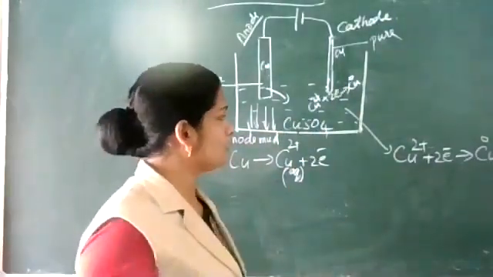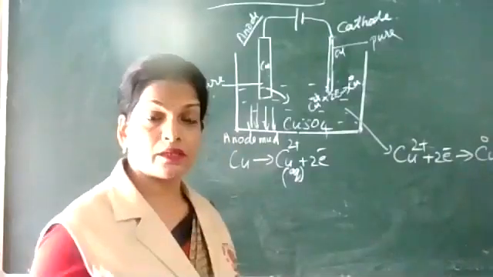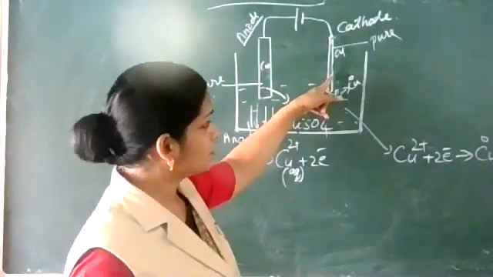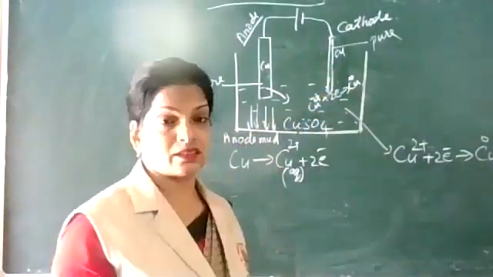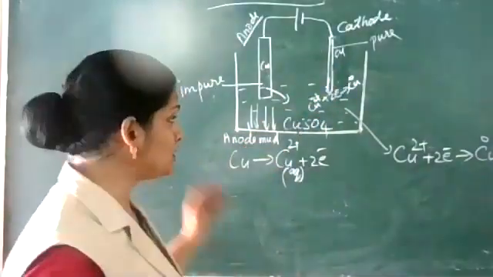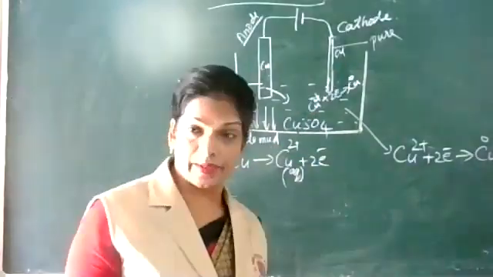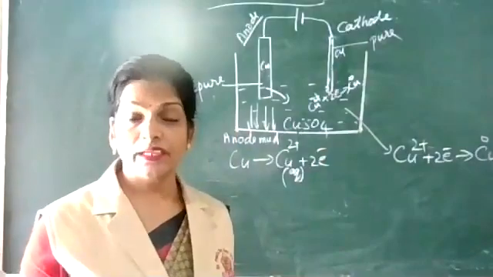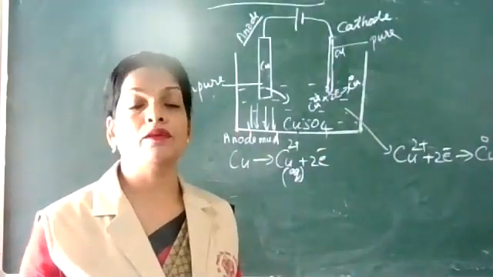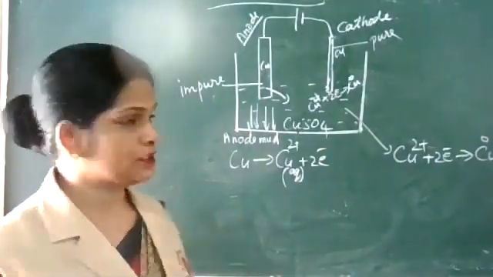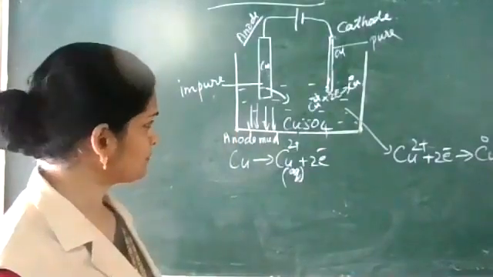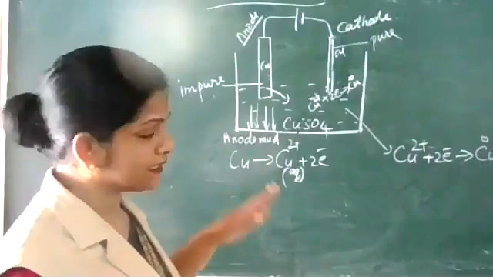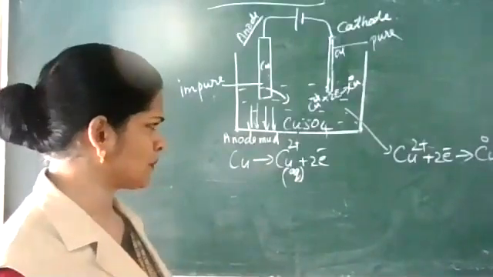How can we find out the amount of substance liberated or deposited? Before putting this thin rod inside, take the weight. After passing electricity for some time, you take it out and weigh again. The difference will give you the amount of substance deposited or liberated. So this is electrolysis. We are going to the quantitative aspects of electrolysis.